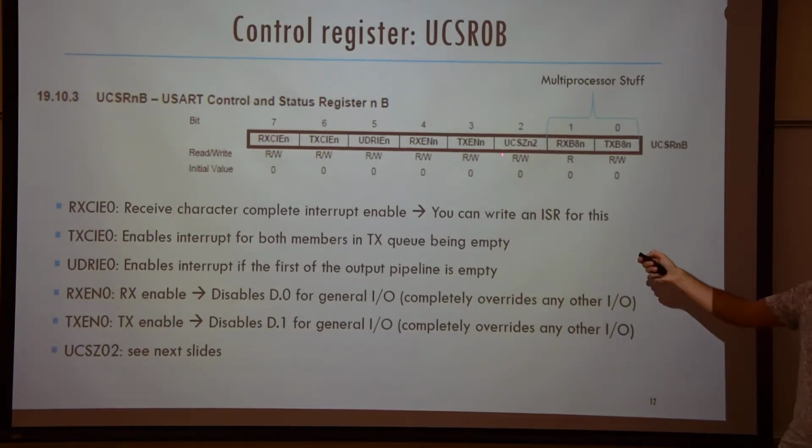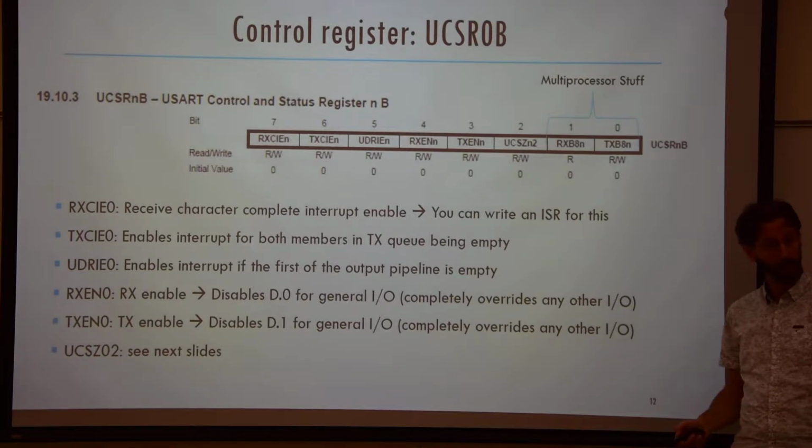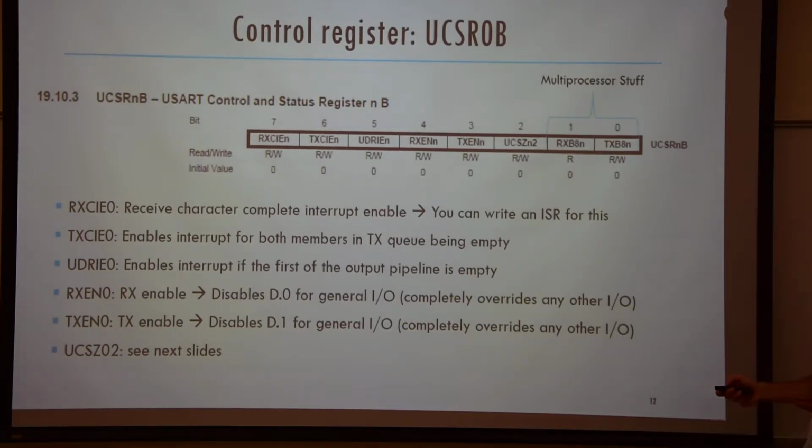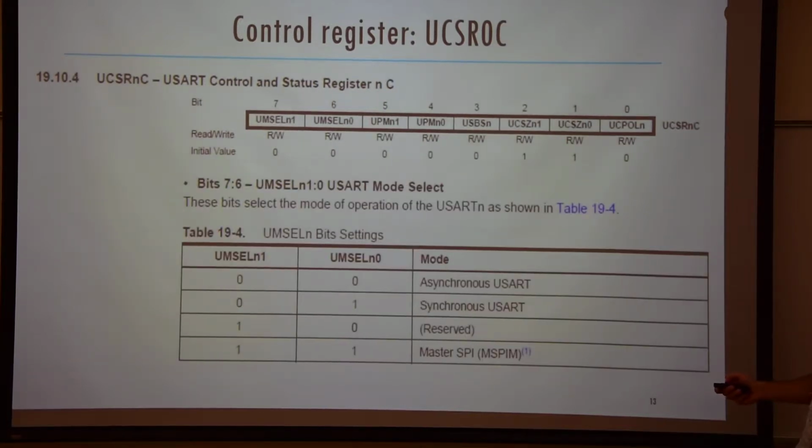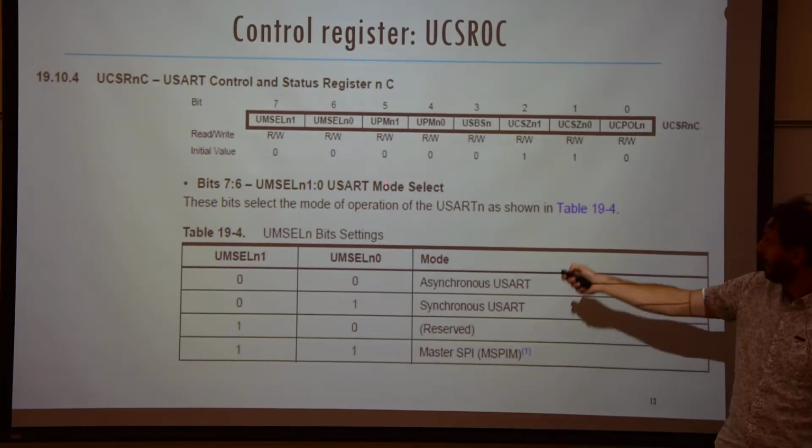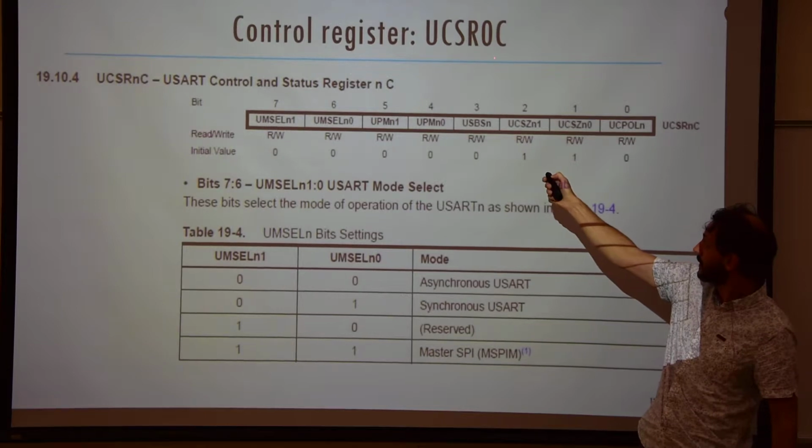Well, there's also a UCSZ01 and 00, and those 3 bits together, the bits associated to those positions, you can look up in a table, and that will then indicate a certain setting, and that's on the next slide.